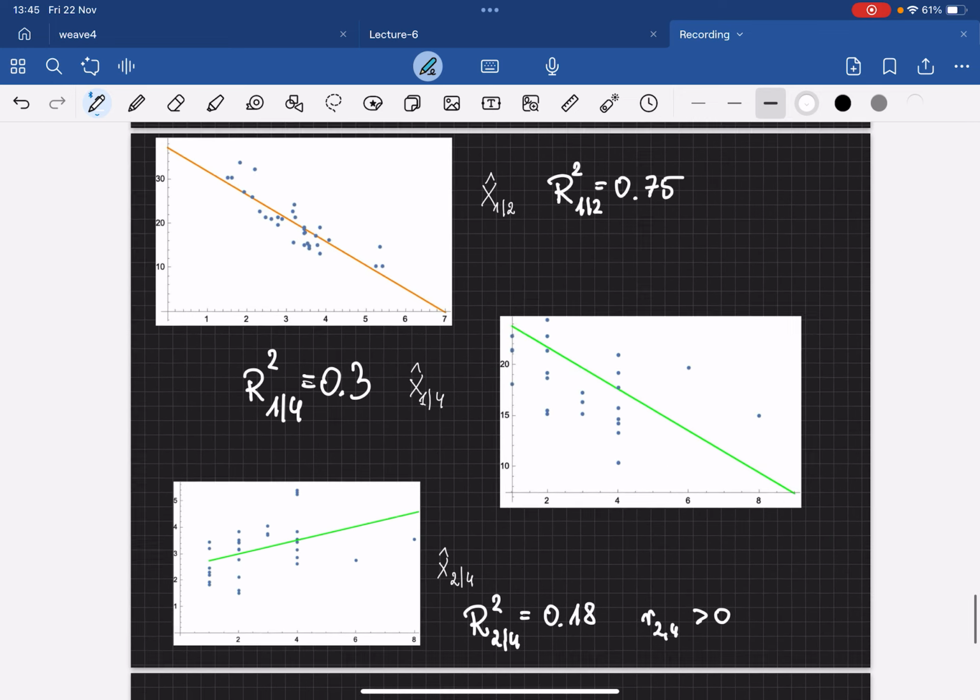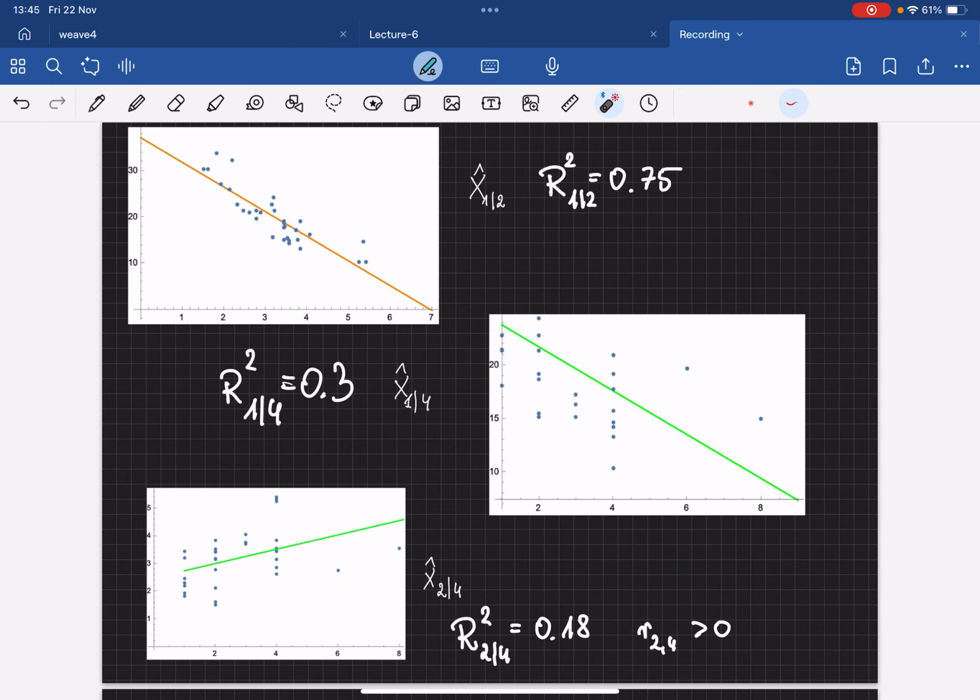So here we have less dependence between independent variables, but also one of the independent variables is less correlated with the dependent variable.